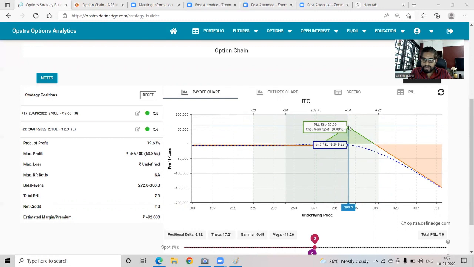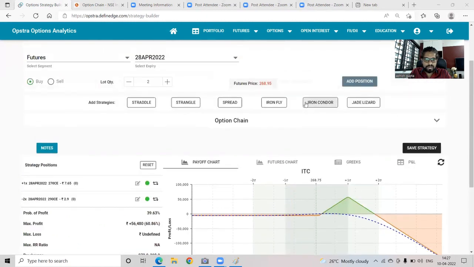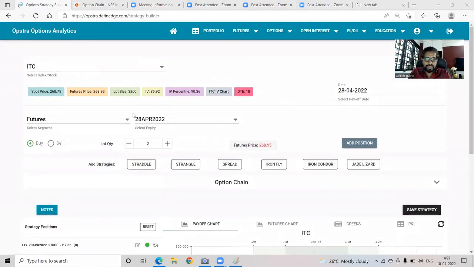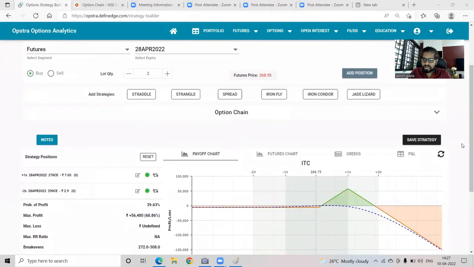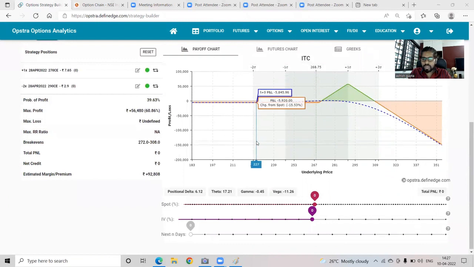Of course, if it goes to 290 and expires there, that's the sweet spot and I make the most profit out of it. In fact, this trade is looking good to me. We can look at other strikes also, but this looks like a good trade for me to do.